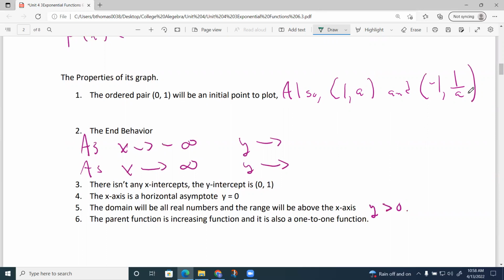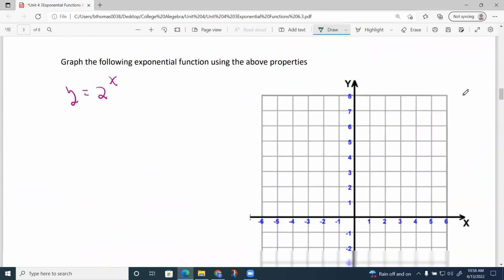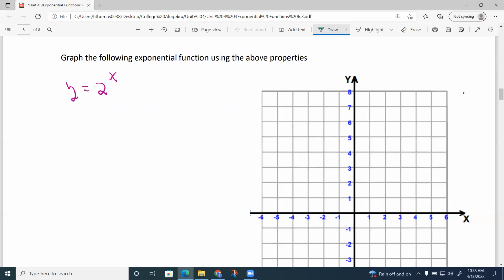So for instance, if I look at this example down here, if I have y equals 2 to the x, notice how we said (0, 1) was an ordered pair, (1, a) was an ordered pair, and (-1, 1 over a) is an ordered pair. So based on that knowledge, we can go.